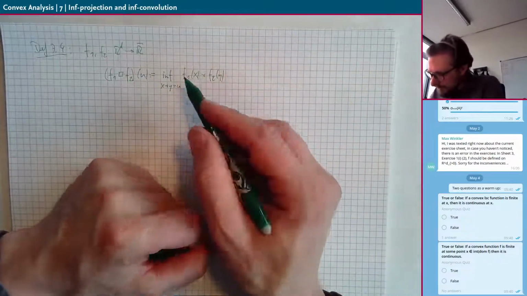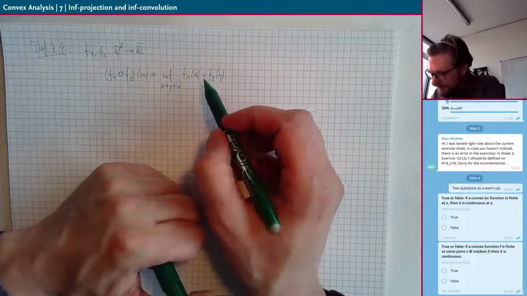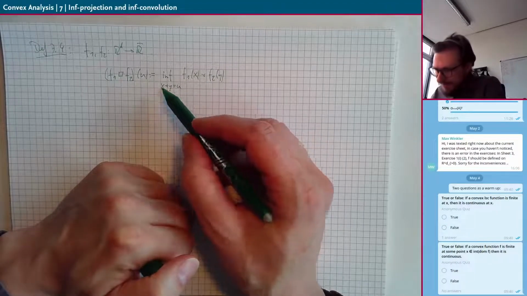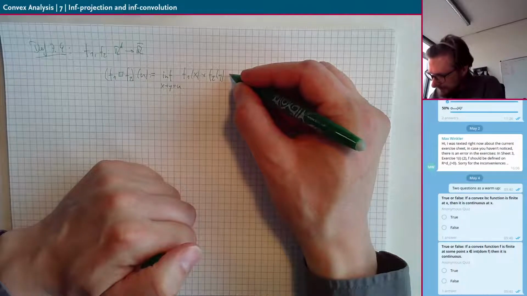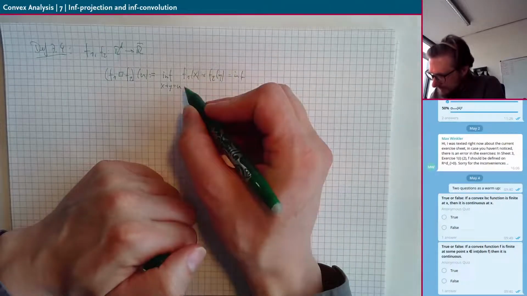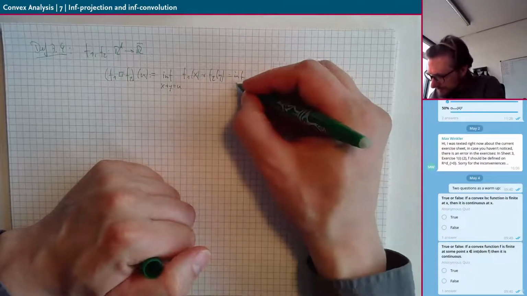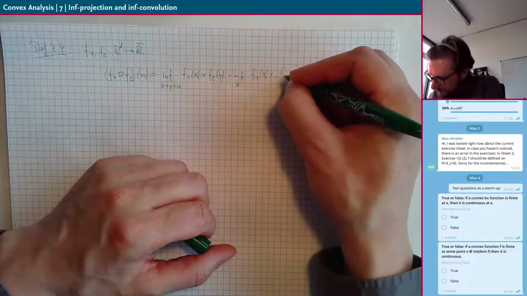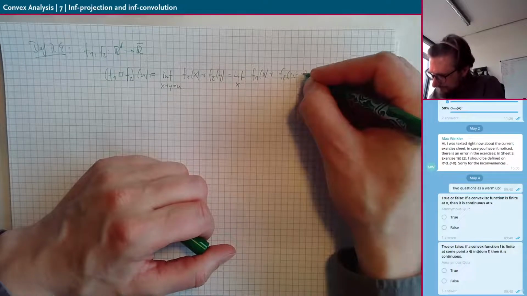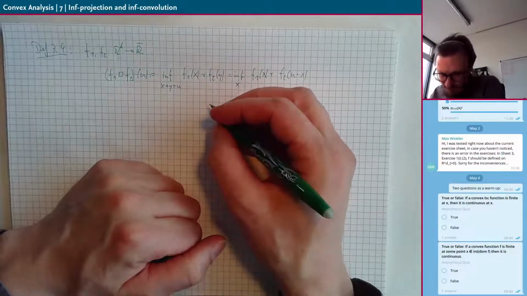And so of course, if we have this decomposition, we could also express y in terms of x, so y is then u minus x, and we only need to take the infimum over x, and then it's f1 of x plus f2 of u minus x. And this is called the inf-convolution.